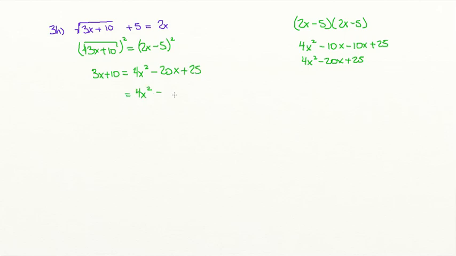Let's subtract 3x from both sides and subtract 10 from both sides. Okay, so we need to factor this. So 4 and 15, we're going to add to negative 23.